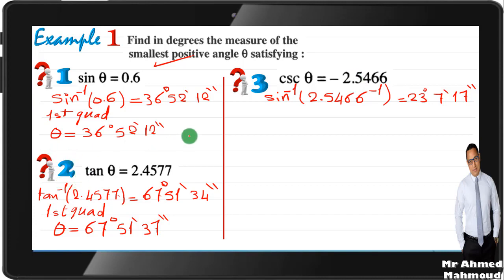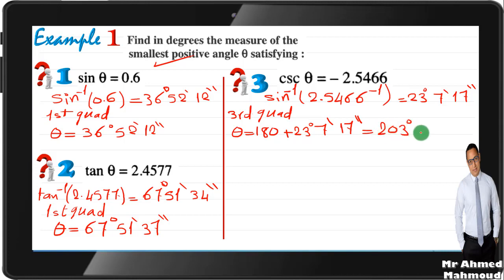So in the third quadrant, the angle is theta equals 180 plus this number, 23 degrees 7 minutes 17 seconds. It will be 203 degrees 7 minutes and 17 seconds.